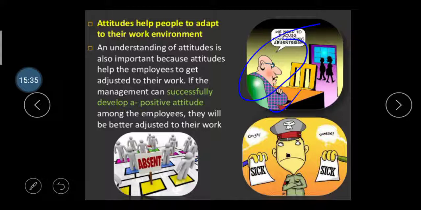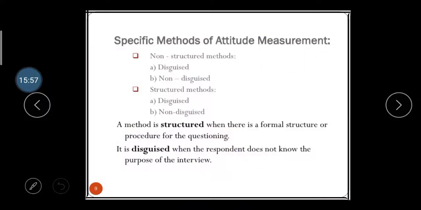So if the management can develop a positive attitude among the employees, there will be a better adjustment to their work. બરાબર છે કે એબસન્ટ છે તો શું કામ છે ભાઈ સિક છે એટલે કે બીમાર છે કે પછી એને કોઈ પોલિસી નથી ખ્યાલ તો જો બોસ એ પર્સનનું એટીટ્યુડ જો એ ચેક કરી શકશે તો ઇઝીલી એની પાસેથી કેવી રીતે વર્ક લેવું એને ખ્યાલ આવશે.